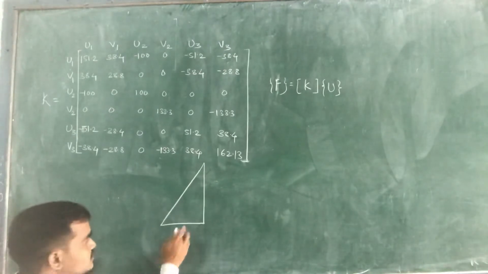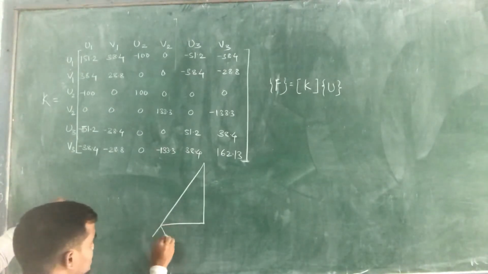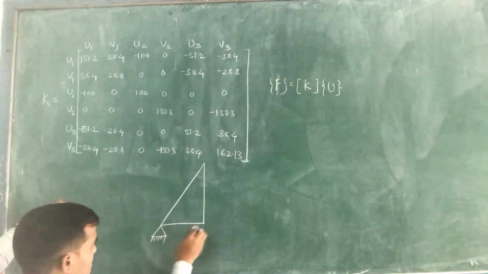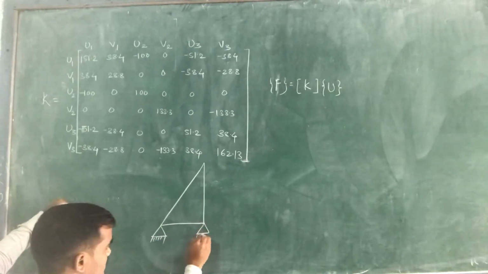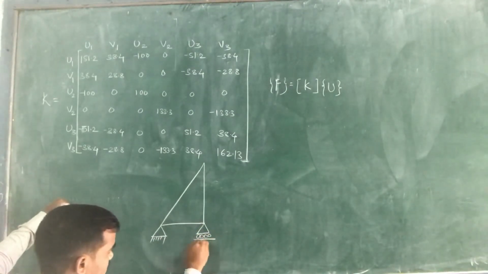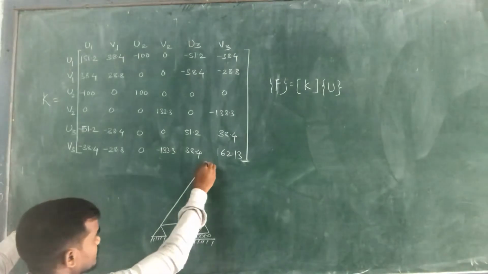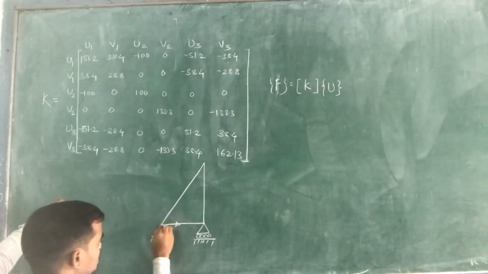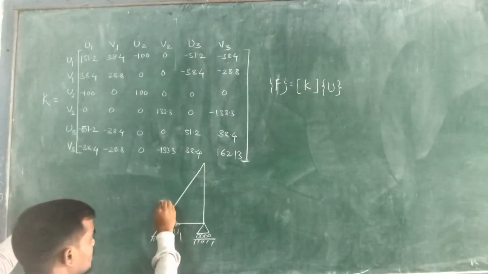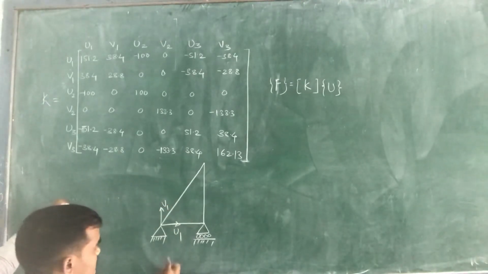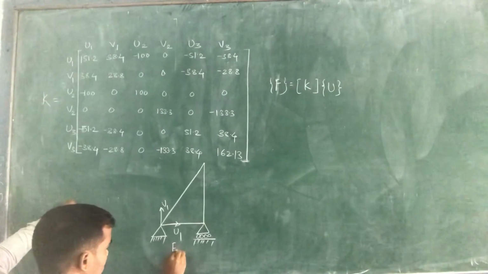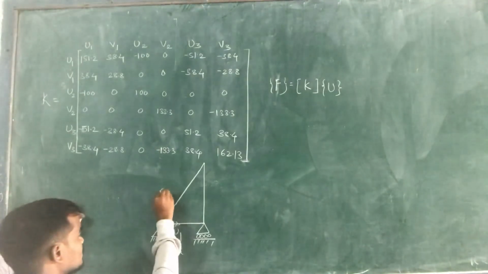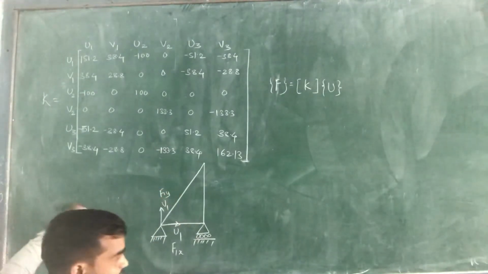This is fixed, and a roller support is there. As we know, for the first node U1, V1 are the displacements. Similarly, F1x, F1y are the forces.